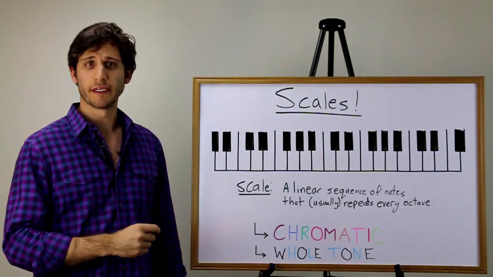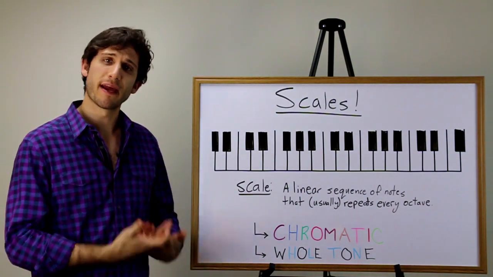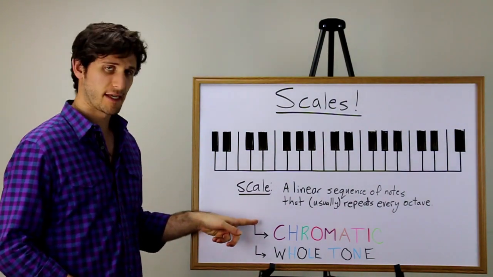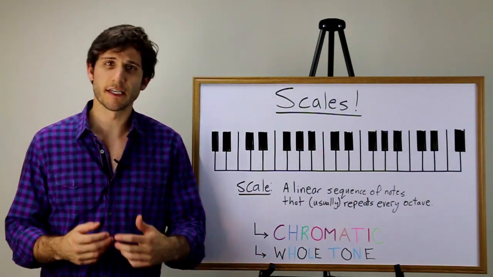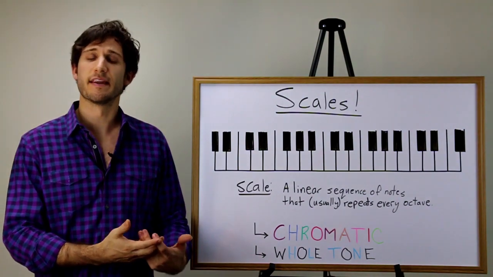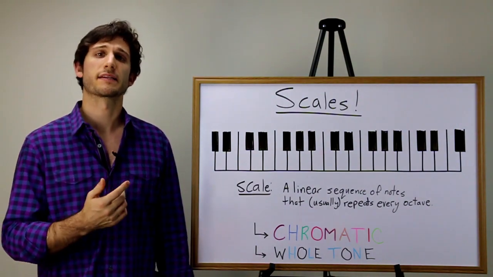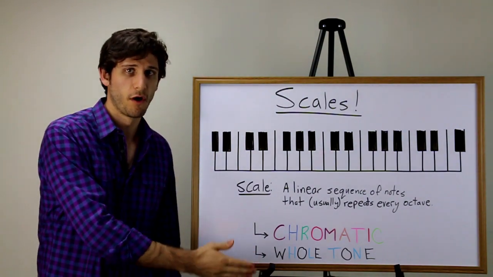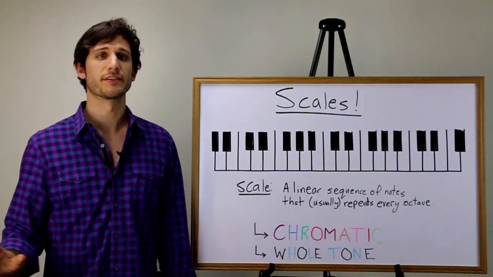Using half steps only, we can construct the most basic kind of scale, the chromatic scale. Since the chromatic scale uses half steps, it never skips a note. If you play a chromatic scale from the very bottom of the piano all the way up to the top, you'll have played every single note on the piano.